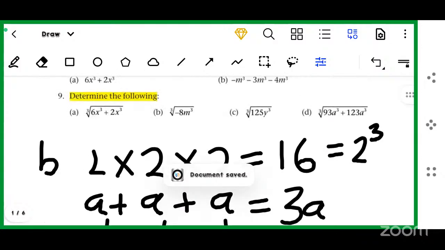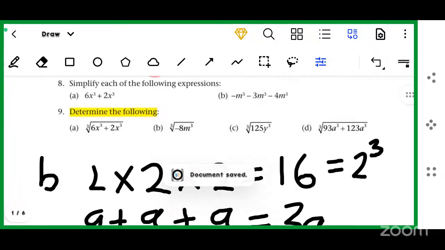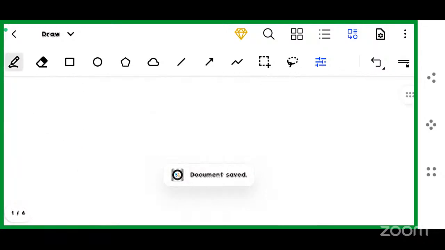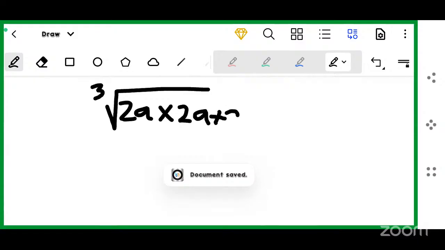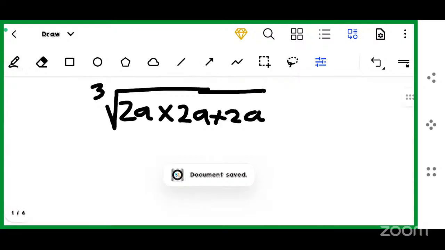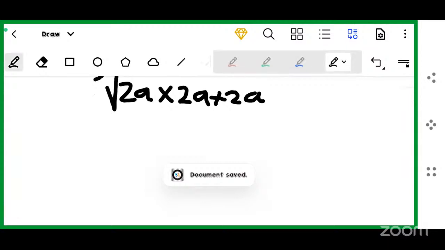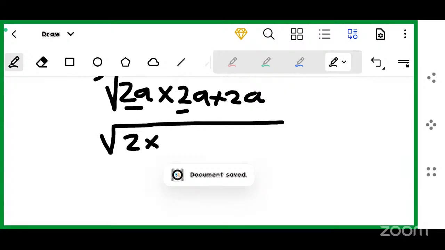So it's 2A, 2A, 2A. Since we have the cube root of 2A multiplied by 2A multiplied by 2A, just let me know if I'm going too fast. So you had something like that, right? What you can do is say cube root of, and you group the twos: 2 multiplied by 2 multiplied by 2.